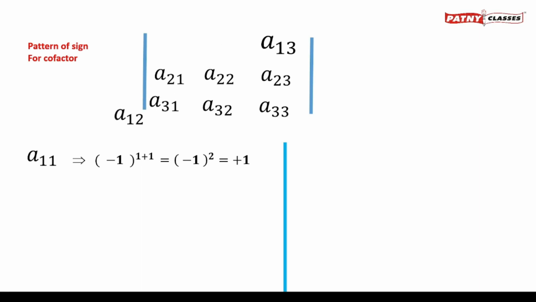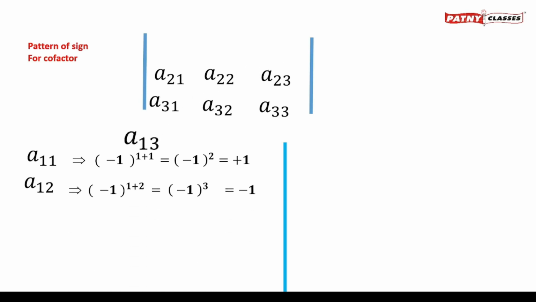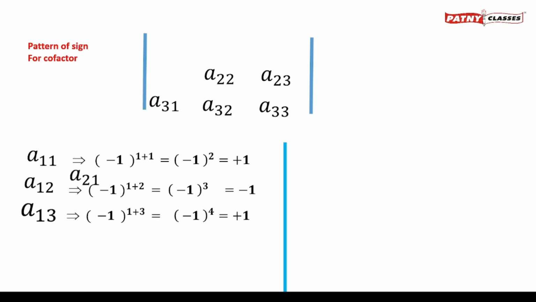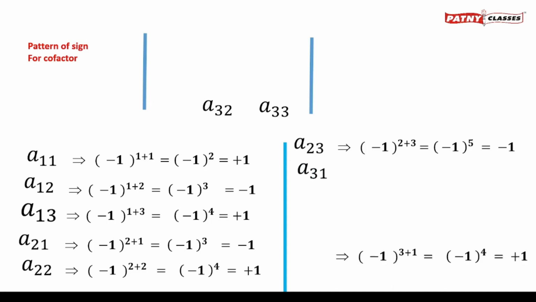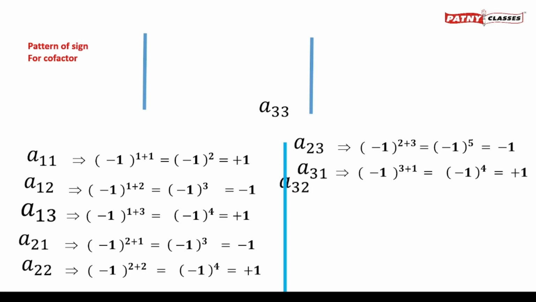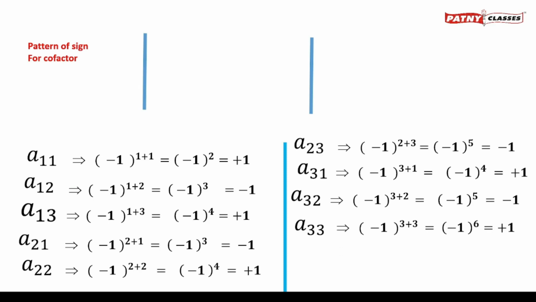Now for A12, for A13, for A21, for A22, for A23, for A31, for A32, and at the end for A33, that is minus 1 raised to i plus j.